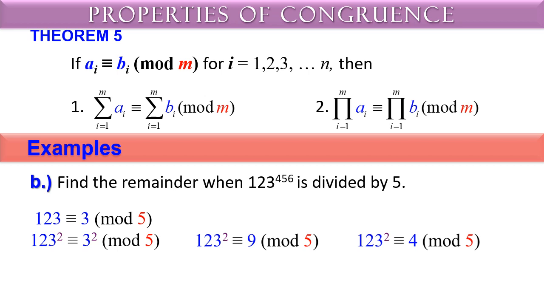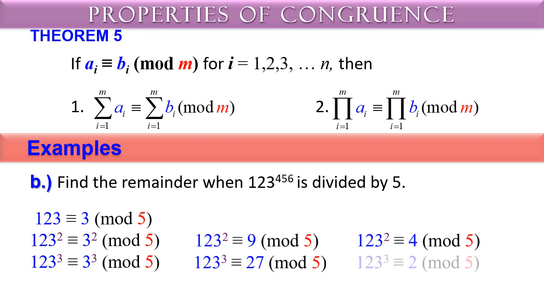Cubing both sides of our expression, we will have 123 cubed is congruent to 3 cubed modulo 5. Simplifying it, we have 123 cubed is congruent to 27 modulo 5. Simplifying it further, we will have 123 cubed is congruent to 2 modulo 5.